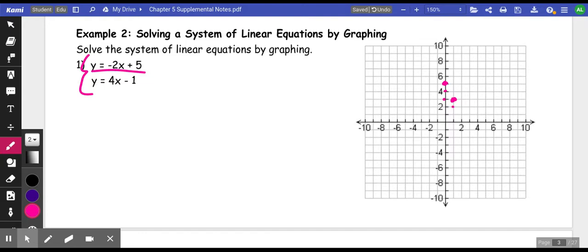So down 2 over 1. Down 2 and over 1. Okay, obviously these are just the dots from when I'm counting. They're not the dots on the line. Okay, so I'm going to go ahead and make my line here.